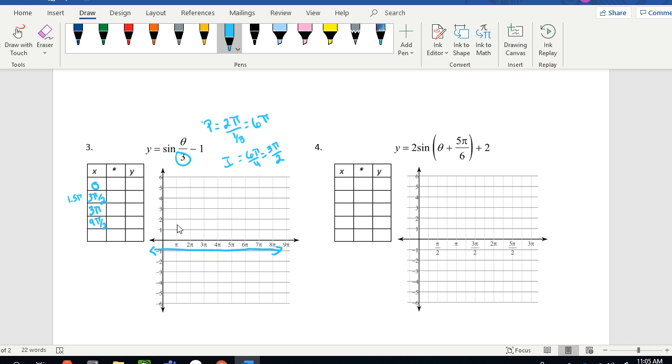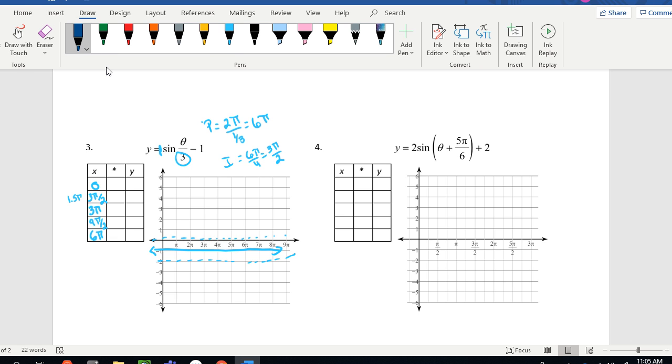And then another 1.5 pi is going to put me, it was 4.5, so it's 6 pi. Okay, so with all of that said, I figured that out. And now my amplitude is 1. So that means I have these amplitude lines at the 0 and the -2.